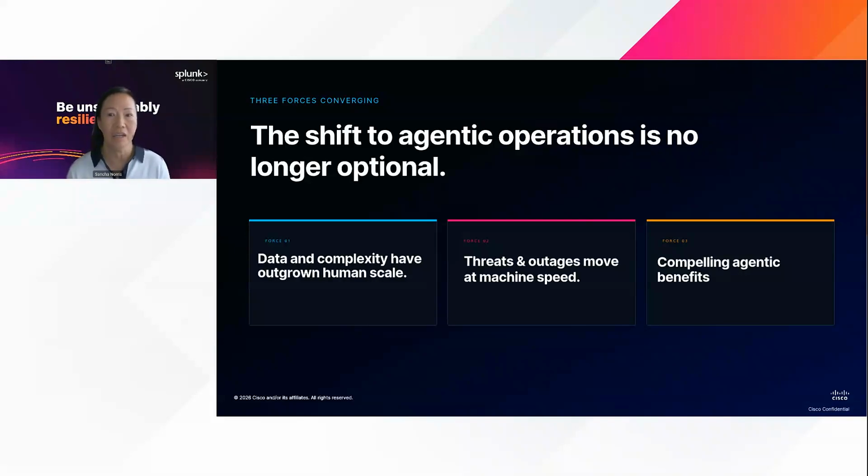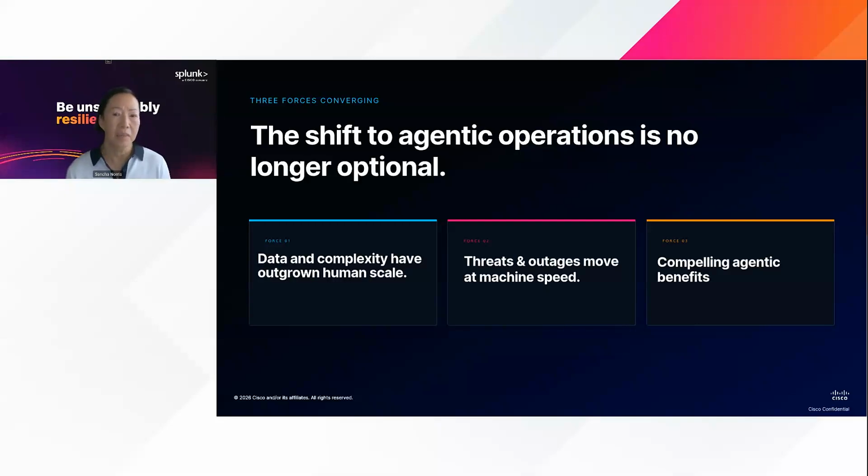Security teams, ops teams, network teams, we're all dealing with more telemetry, more dependencies between the data and the systems, and more noise than we can possibly process. Human expertise still matters for sure, but human-only processes or workflows are really reaching their limits.